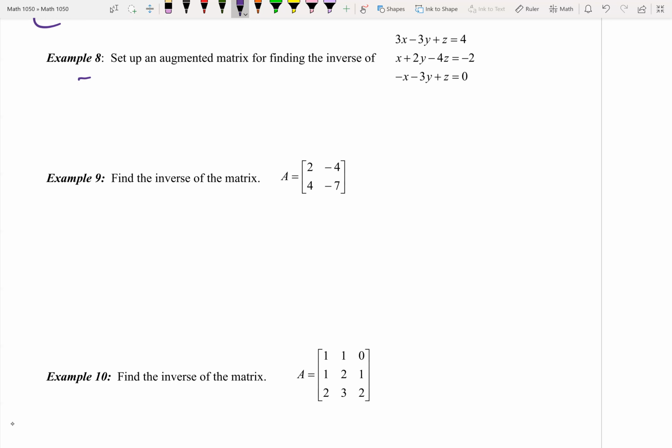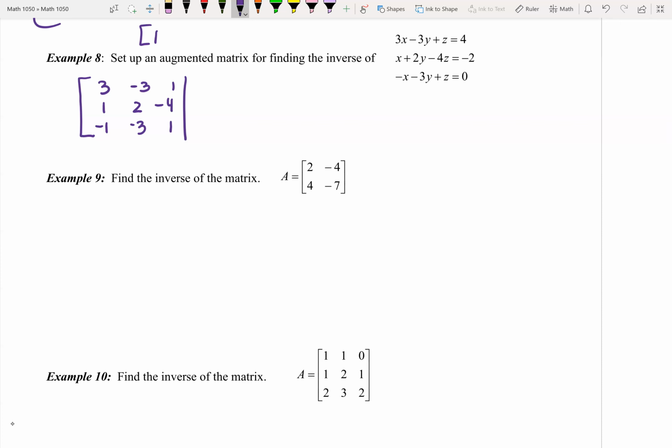Here's how you set it up for finding an inverse, okay? On the left, put the coefficients, 3, -3, +1, solid line. Underneath, 1, 2, -4, and then underneath that, -1, -3, +1. So all I did is put matrix A on the left.